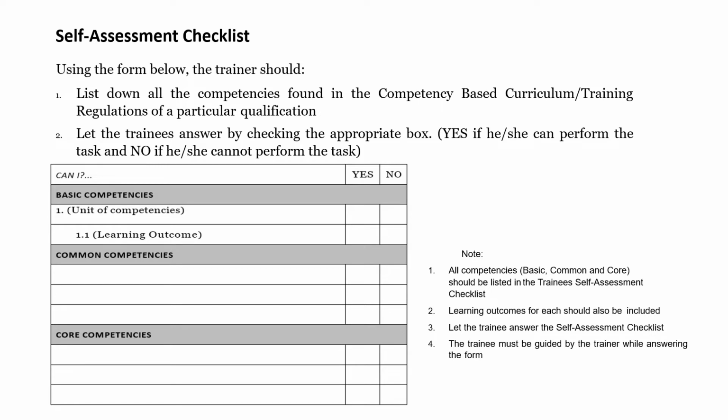After you list all of the competencies on this particular form or checklist, in reality, you need to administer this form and distribute it to your trainees. If you have 25 trainees, you let them answer this. This is more on self-assessment or self-evaluation, in order for them to determine what competencies they have already achieved.